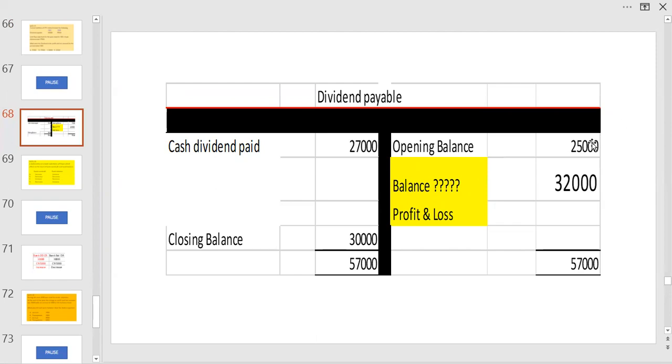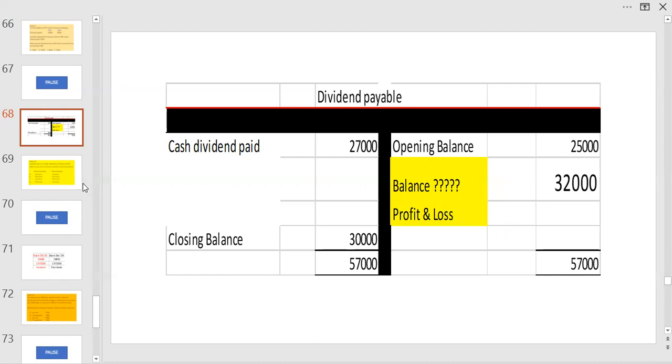They have said they have paid a dividend of, as per the cash flow, 27,000, which is just entered here. And quite naturally, the balancing figure will be the answer. Here it is 32,000. What does this balance represent? This is the real dividend expense, which is debited to profit and loss account and credited to this account.